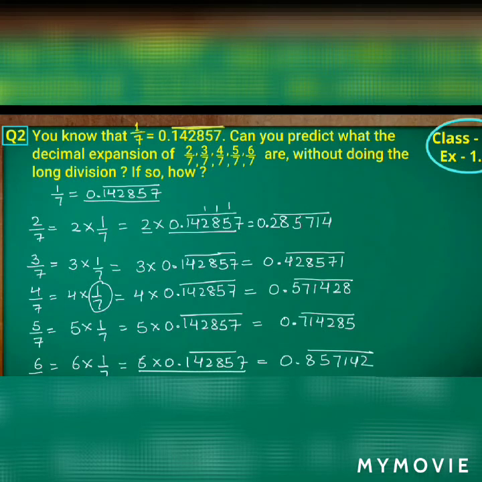Anyways, you understood how to find the value for 2 by 7. In the same way you have to find the remaining values also. So this is how you will get the values, where we have not gone for the long division method. Anyways, we were having the value for 1 by 7, and directly substituting with the whole numbers, we will get the values here, isn't it?